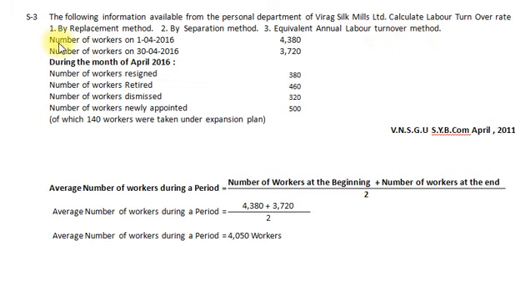Here we have the information: number of workers on 1st April 2016 was 4380 and number of workers on 30th April 2016 was 3720, and during the month of April 2016 number of workers resigned 380, number of workers retired 460, number of workers dismissed 320, and number of workers newly appointed 500, out of which 140 workers were taken under expansion plan.